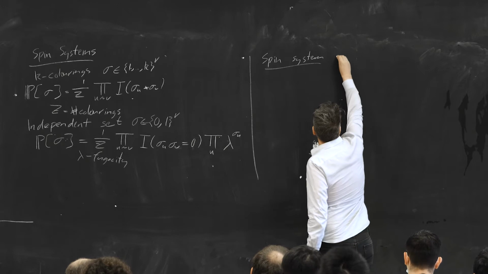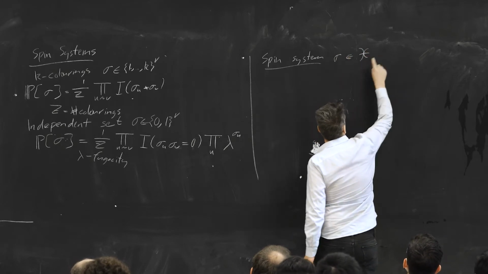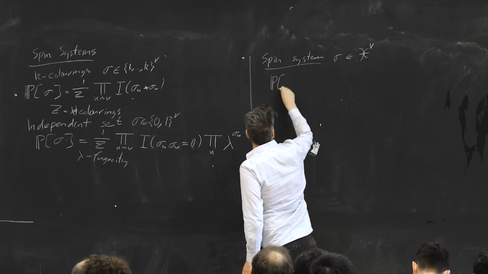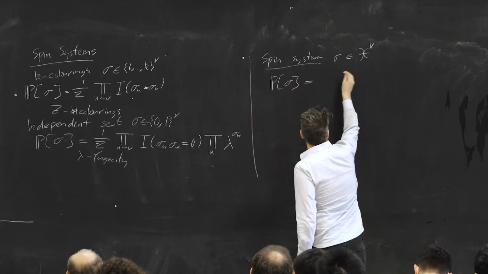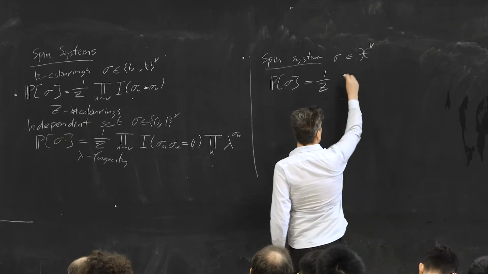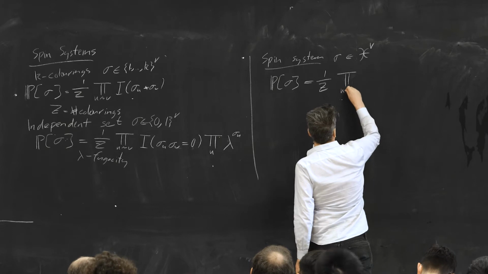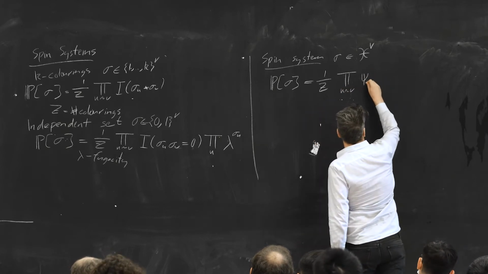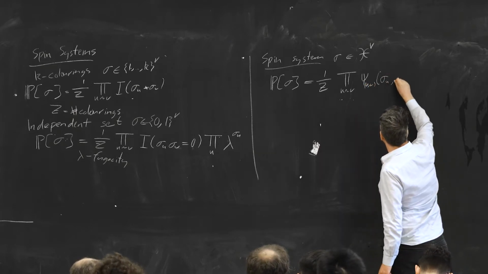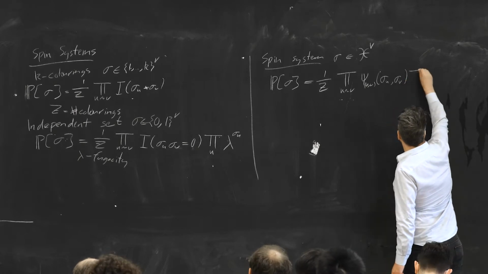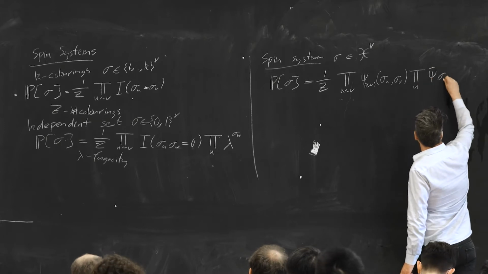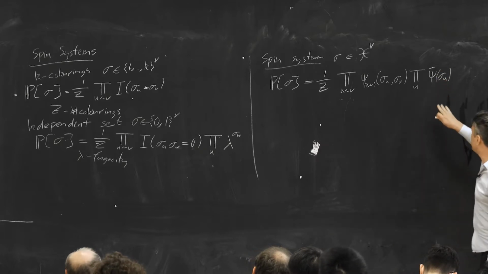Sigma will just take some values in some finite set X to the V. And the probability, there'll be a normalizing constant, and then some kind of interaction between the values on edges, and then some kind of value for the values on particular vertices.